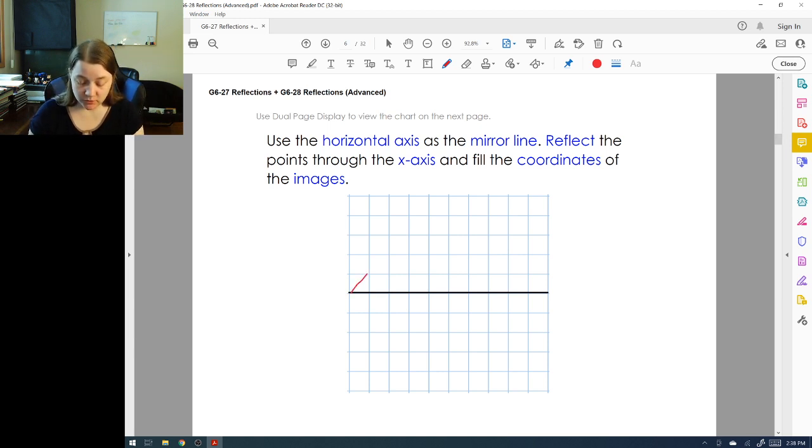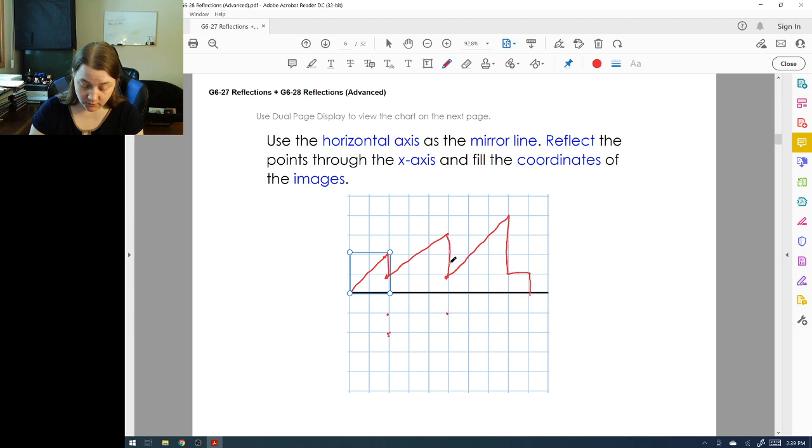If I were to draw, say, an evergreen tree here, I would be able to redraw the same evergreen tree just by mimicking what had happened here. So I would be able to find the points. I have a point here and a point here. I have a point here and I have a point here.